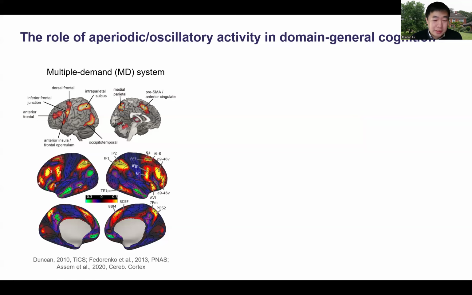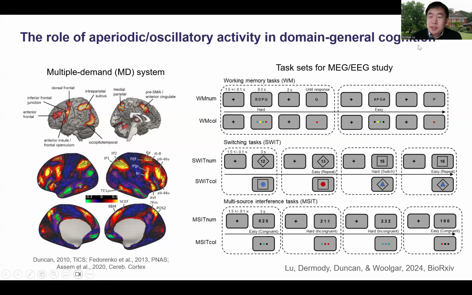But most of these studies are based on fMRI. We don't quite know whether there are any oscillatory or aperiodic signals underlying the MD system. So we want to find the link between the fMRI literature and EEG/MEG. Here we did a MEG-EEG study using a large task set.